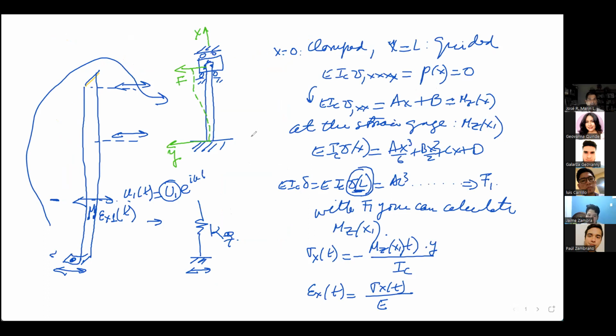So you have the bending moment here and the bending moment here. Probably the values of these two in some cases will be different. Mr. Zamora, the strain will be positive or negative here? Positive.